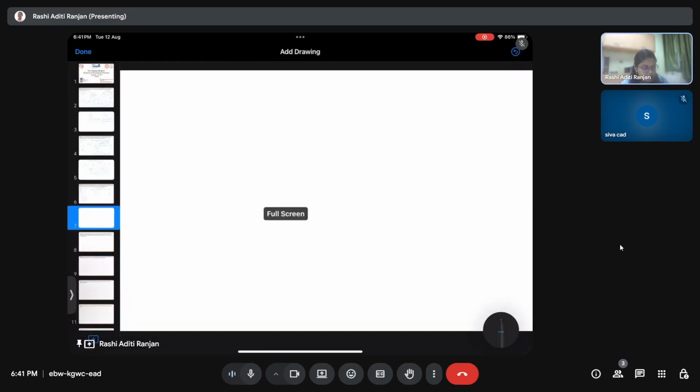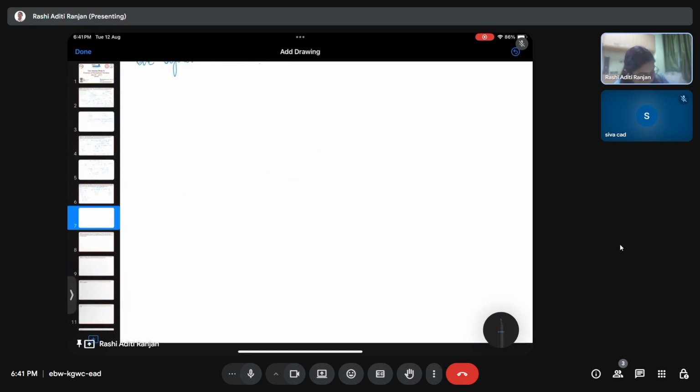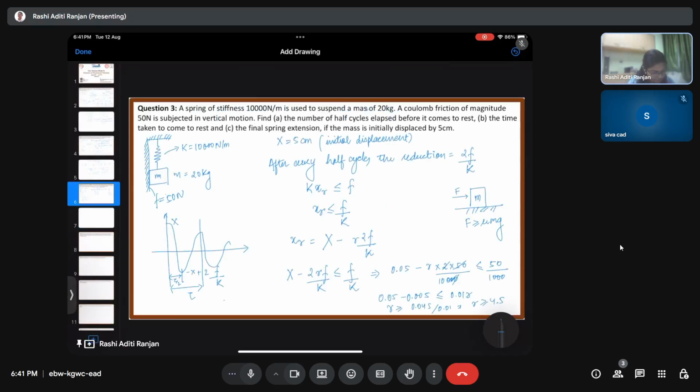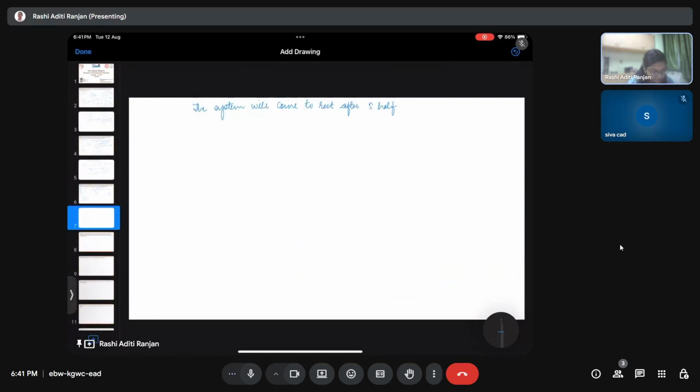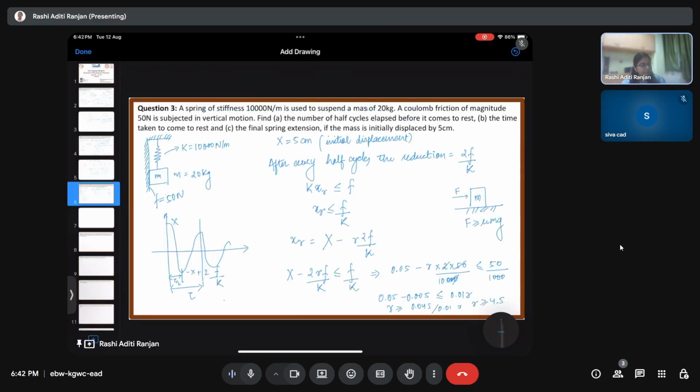So we will write that the system will come to rest after 5 half cycles. Okay, so this is the answer for part A. Now part B. Part B says the time taken to come to rest.